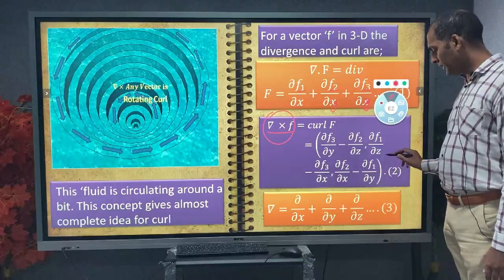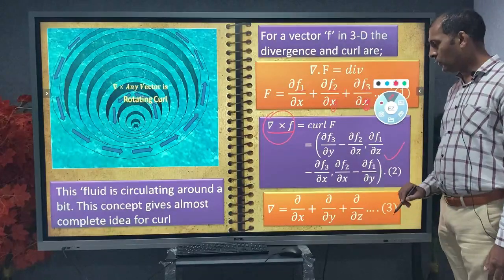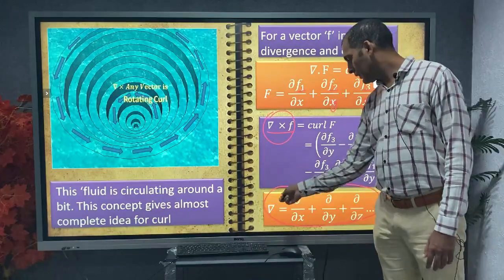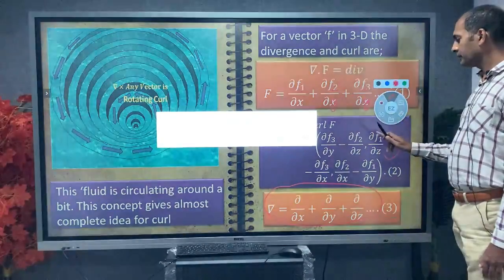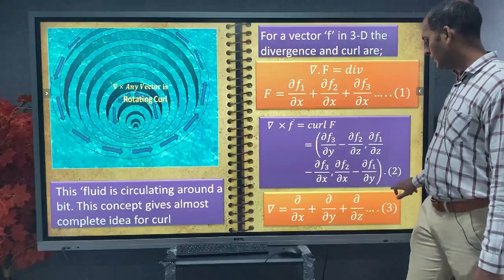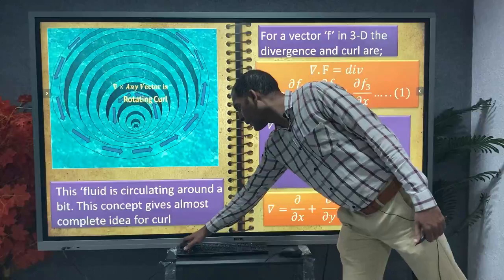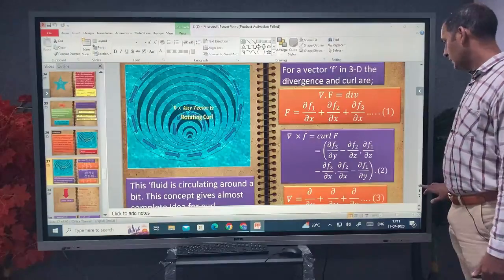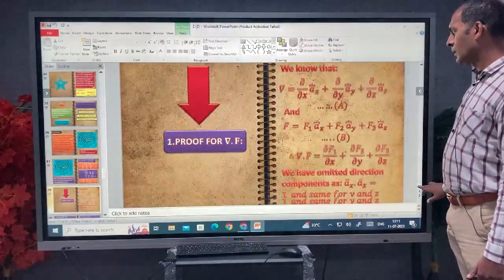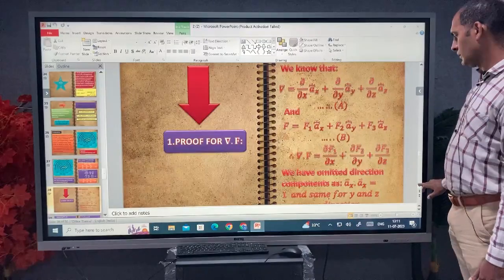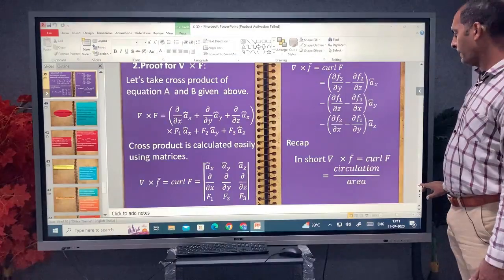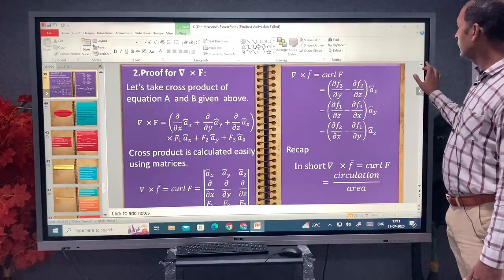After using the cross product, we get the simplified equation like this for del cross F, where the del operator is a combination of three directional components. So let us check the proof for these two.